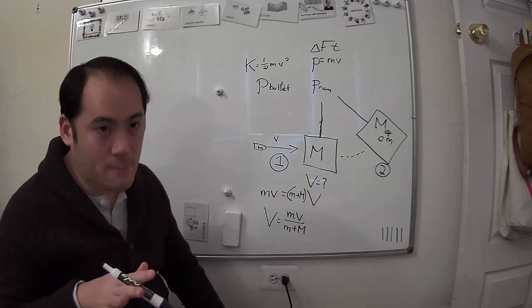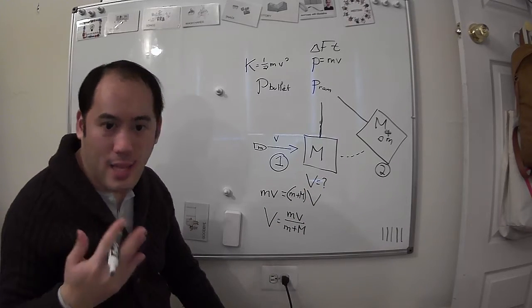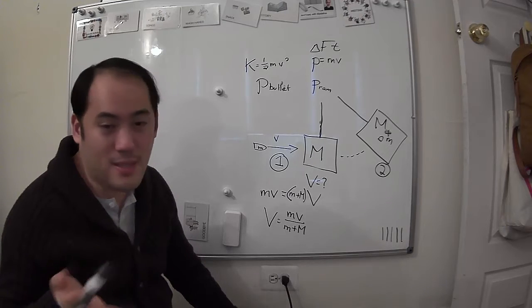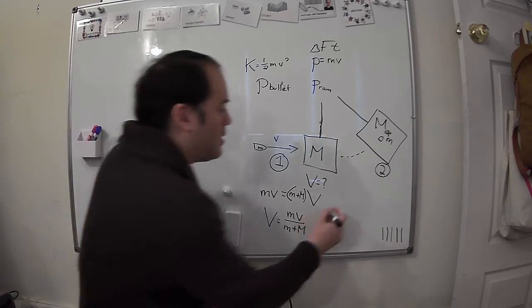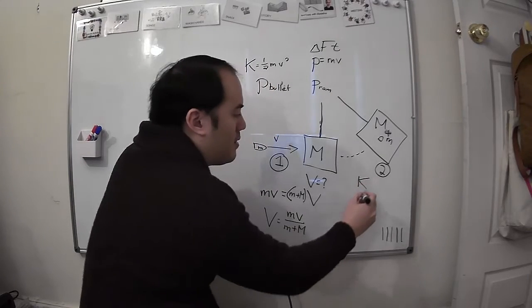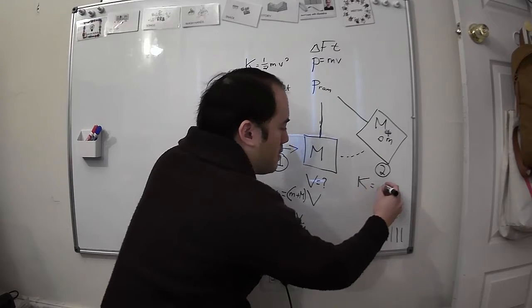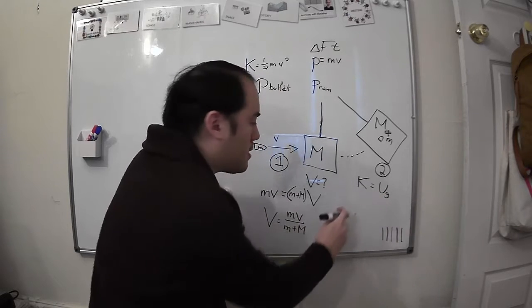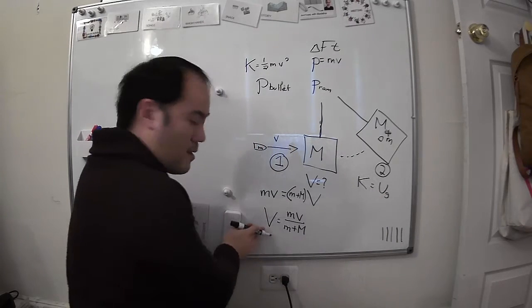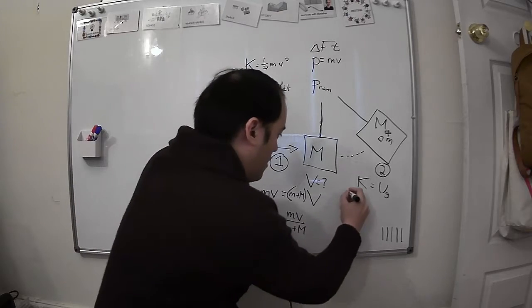Okay, now stage 2. It's not a momentum problem. It's an energy problem. And we did so many, I'm going to just naturally assume you remember it. You of course remember the K becomes U_G. There's no springs, it's just G. And the K, it's right here. 1/2.